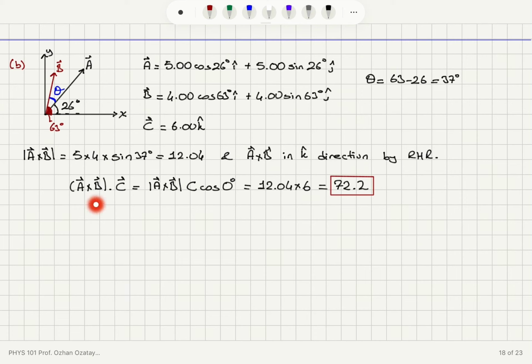So we find that A cross B has a magnitude 5 times 4 times sine of the angle between them, which is sine of 37, 12.04. So 12.04 multiplied by 6 gives us 72.2 as our final answer.